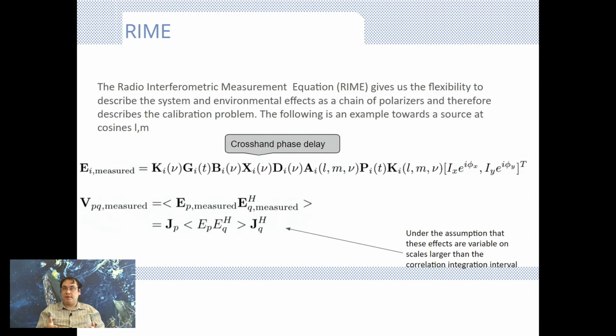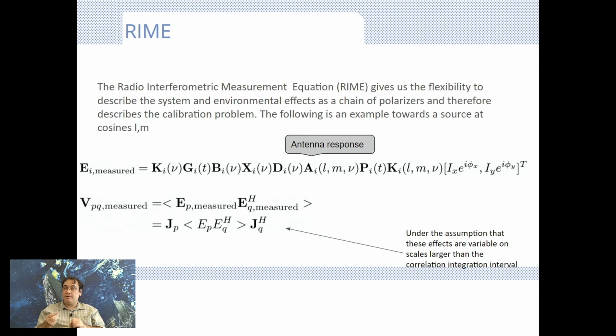So that introduces circular polarization. We have non-orthogonality, so leakages, as the D Jones term here. We have the antenna response, which is a direction-dependent response. It doesn't apply equally to all portions of the sky. It's unlike an electronic gain term. It has this dependence on the l and m direction cosines of our interferometer.